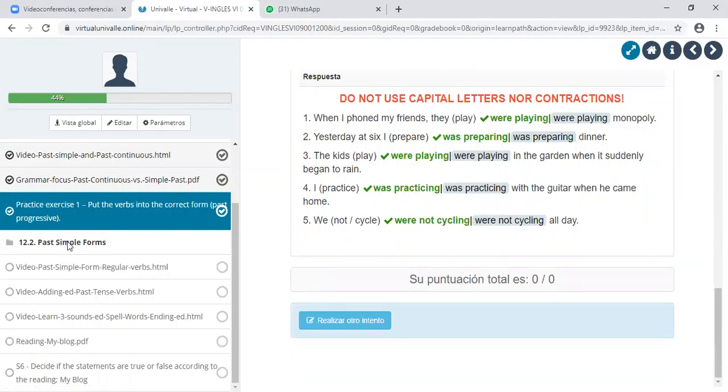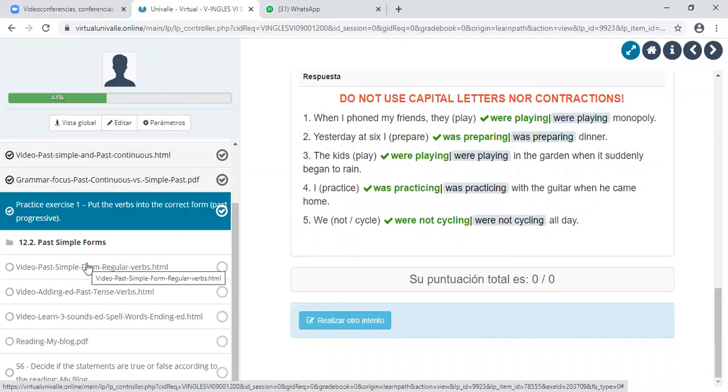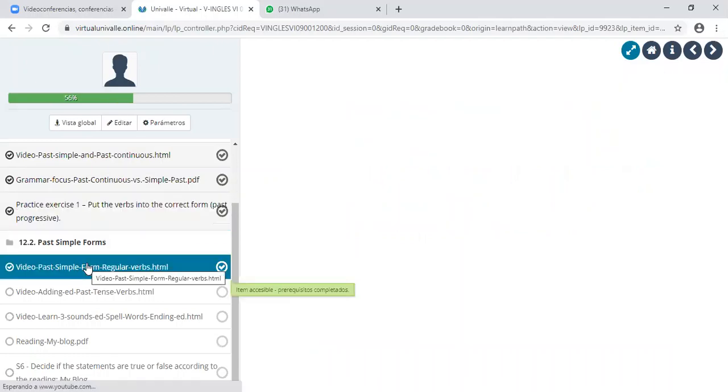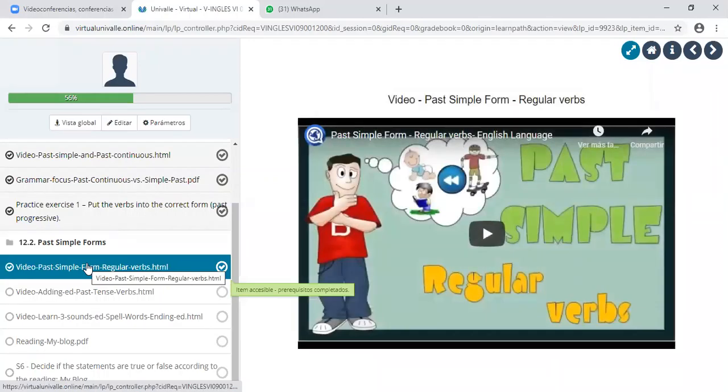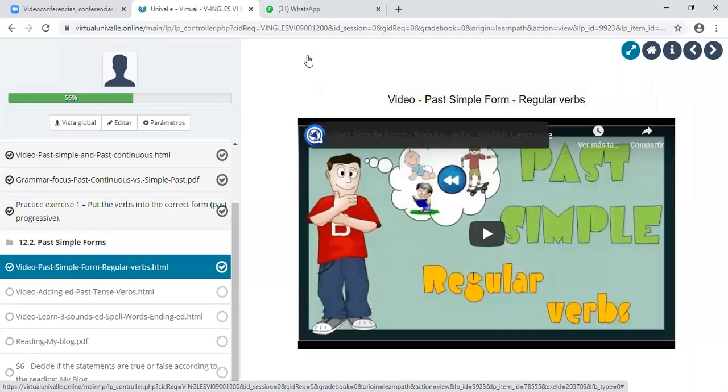Okay. So here you will have 3 different video tutorials for you to understand a little more clearly how we use the regular verbs. Let's remember, regular verbs are those that have ed at the end. For example, love, loved.